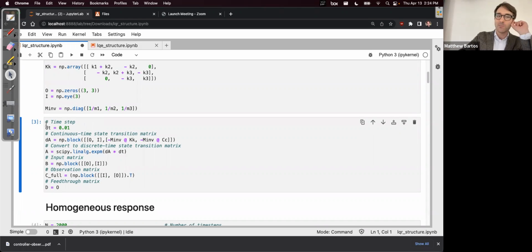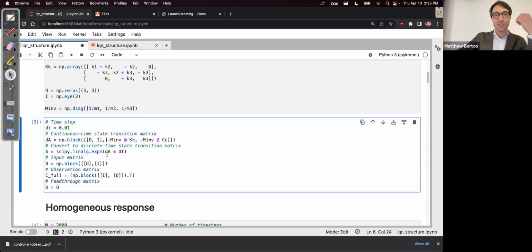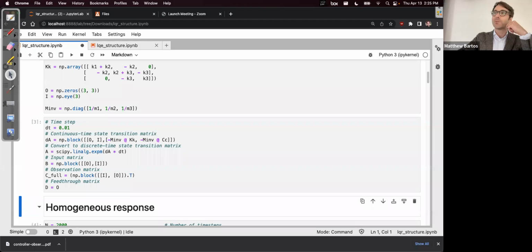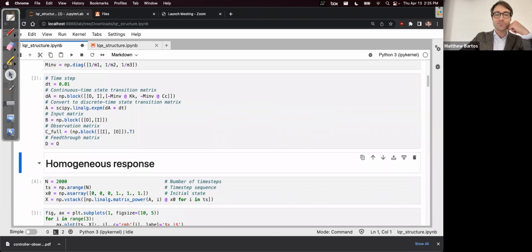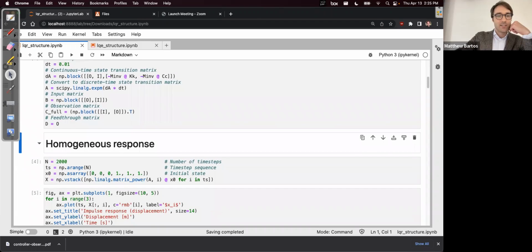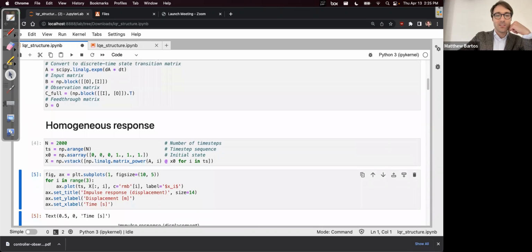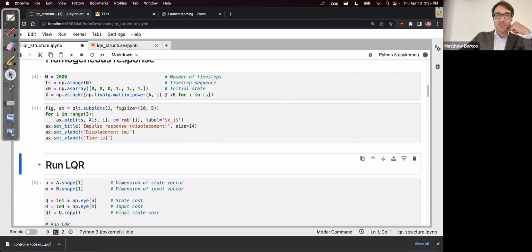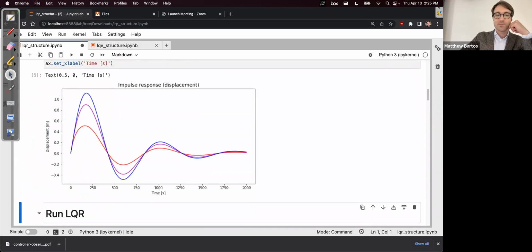So essentially what I'm doing is I'm picking a time step, and then I'm computing the matrix exponential times that discrete time step, and that will convert the system from continuous time to discrete time. I'm converting it to discrete time just so we can use our formulation that I gave you in class.